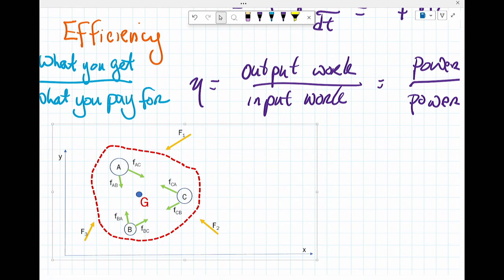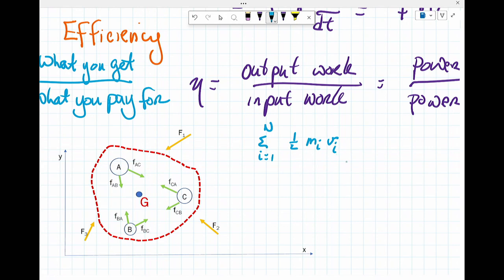So for a system of particles with a bunch of internal forces and external forces acting in there, you can say that the total kinetic energy, sum from i equals 1 to n for n particles, is 1/2 m_i v_i squared plus the total work done on each of the particles. It's a crazy formula to say very little.